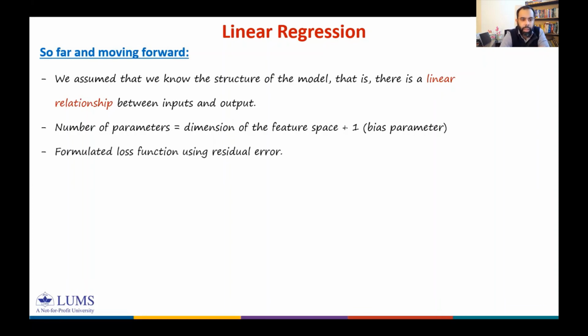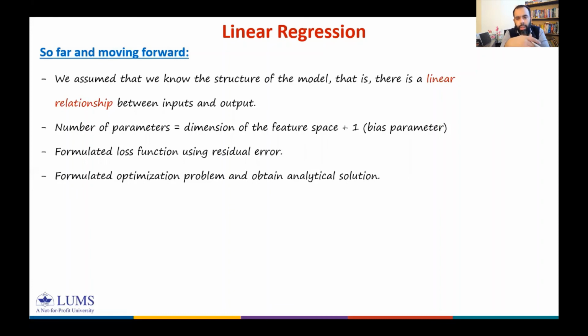We formulated our loss function using the definition of residual error, and using residual error we defined the loss function, and minimization of the loss function we casted as an optimization problem, and we have obtained the solution of the optimization problem using an analytical approach.